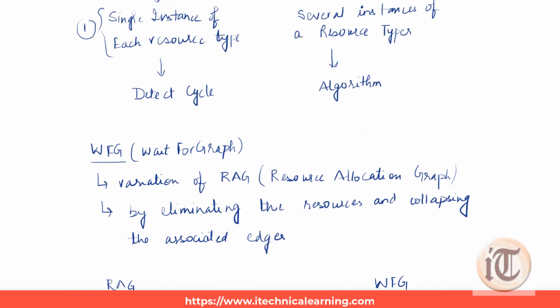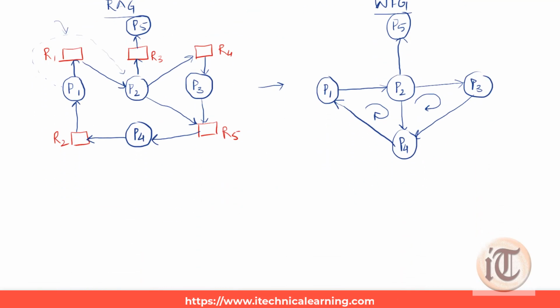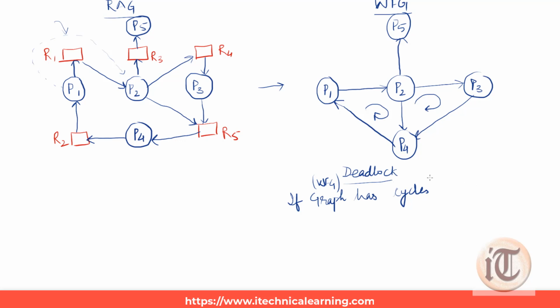As we can see that we have found cycles, we can say that this system is in deadlock. So if the graph, which is the WFG, has cycles, it means there is a deadlock.